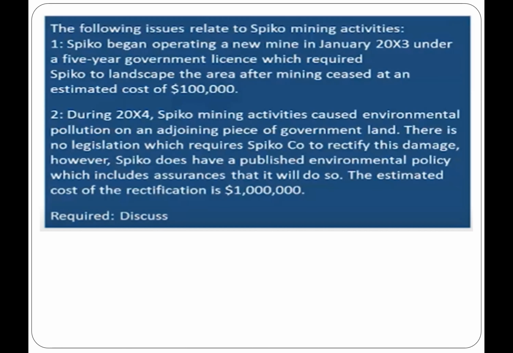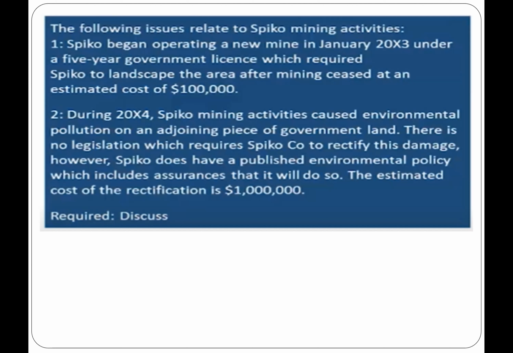Then the remaining 20,000, we're going to take it back to the original expense account that we debited when we created the provision. So if it was a landscaping expense that we originally debited, we are going to credit it by 20,000 to show that the landscaping cost actually ended up being 80,000 instead of the 100,000 that we originally provided for.